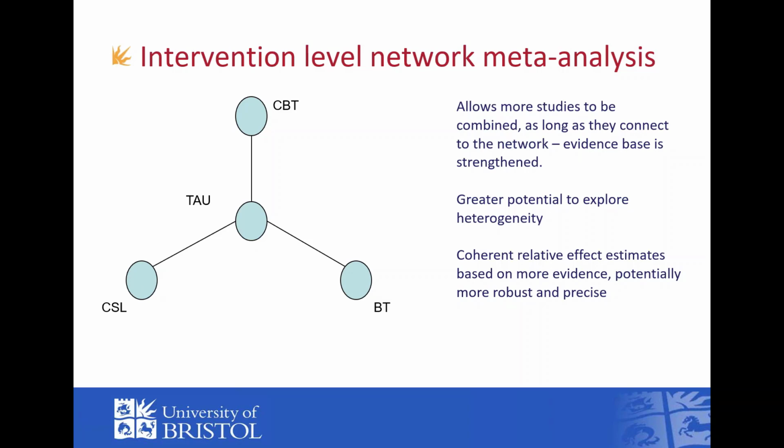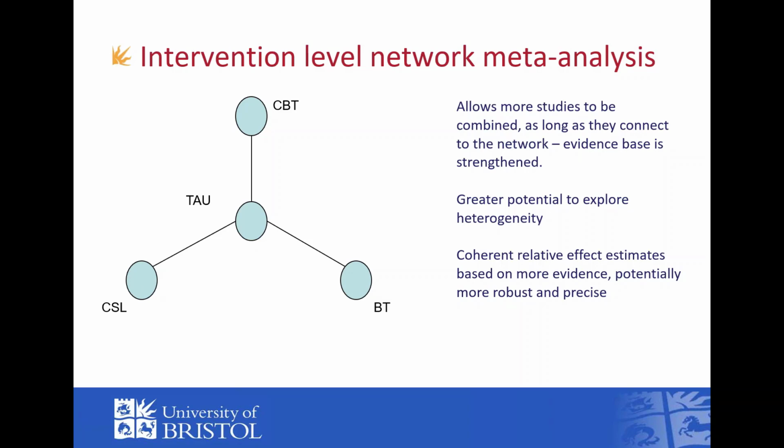As you probably all know, a network meta-analysis allows the simultaneous comparison of multiple interventions to be combined in a single analysis. When we are using our RCT evidence, it enables us to preserve the original randomized nature of that evidence.